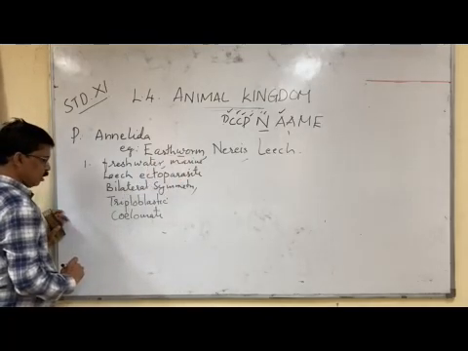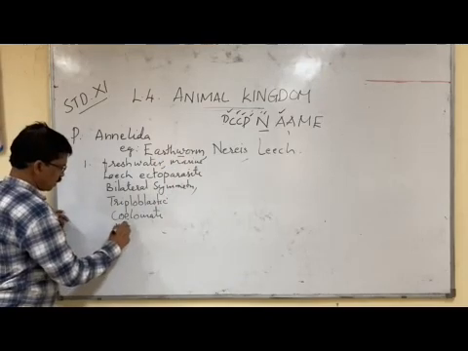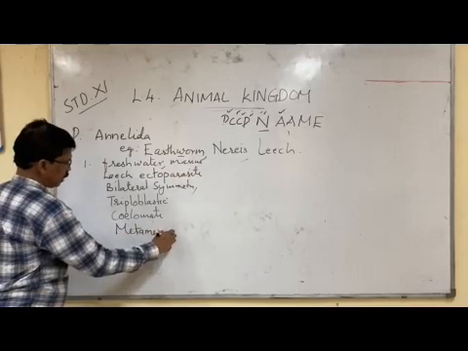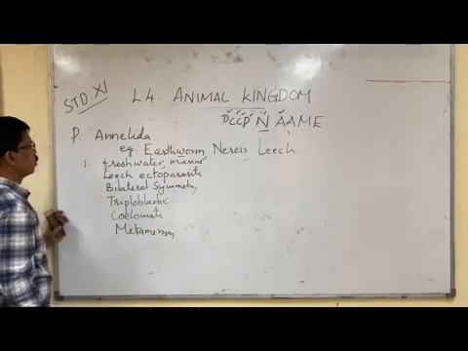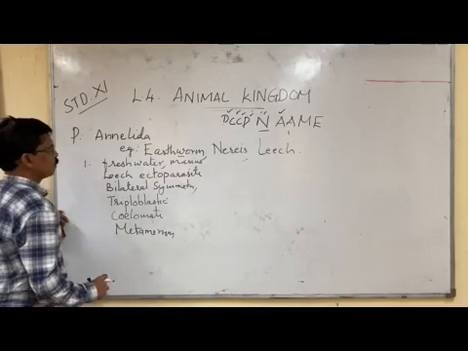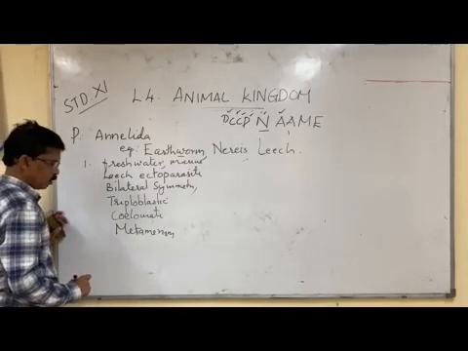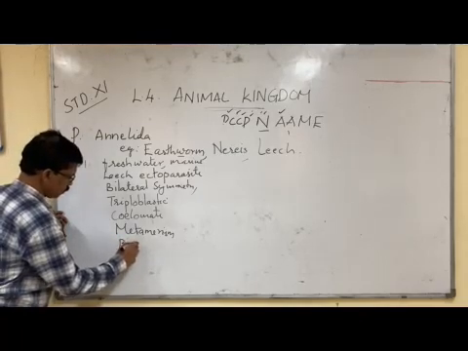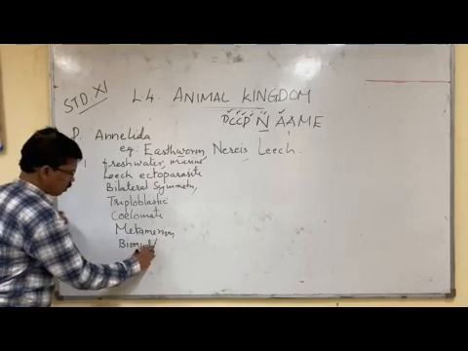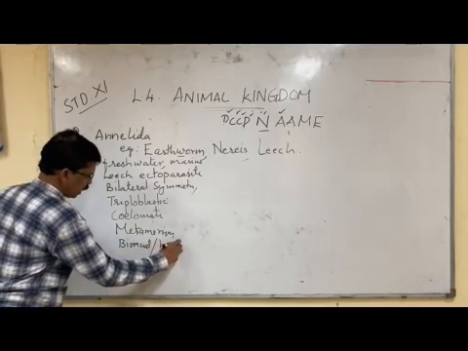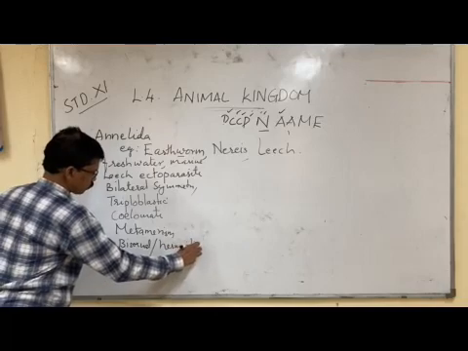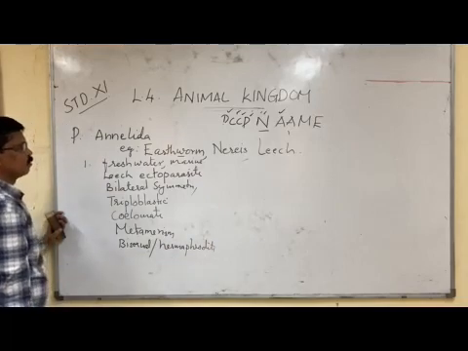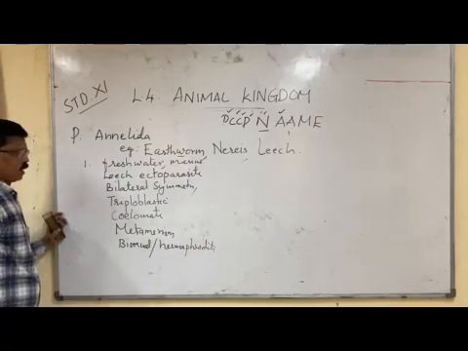This is called segmentation or metamerism or metamerization. And earthworm is bisexual. Bisexual means hermaphrodite, both sexes are found in the same animal. And leech is not bisexual, it is unisexual.